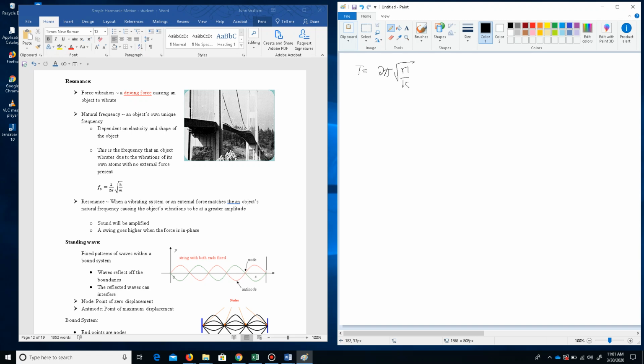We can think of this as some object with some spring constant, and then we know that the frequency is 1/(2π)√(k/m). Well, this means that every object has its own, what we call natural frequency.